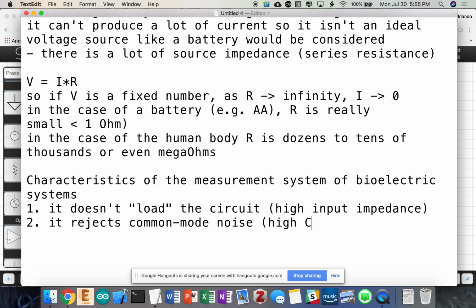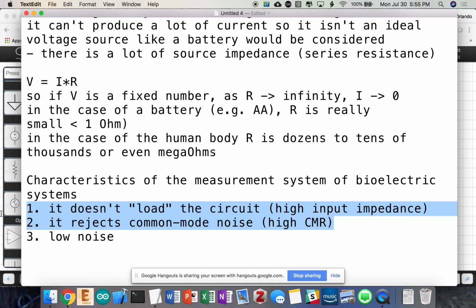That means it's high CMRR, common mode rejection. Low noise, because biological systems are inherently noisy. And so things like that. The biggest thing is probably these two here: it doesn't load the circuit, and it has high input impedance.